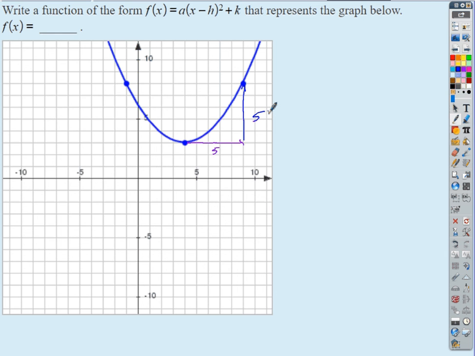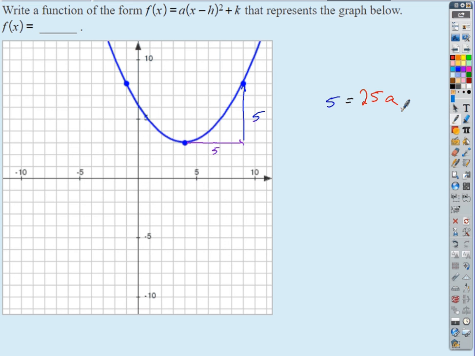Okay, what would my normal height be if I went 5 to the right? 25. I'd go up 5 squared. So then the equation we get is, sorry, I got it backwards. My dilated height, 5, equals A times 25.